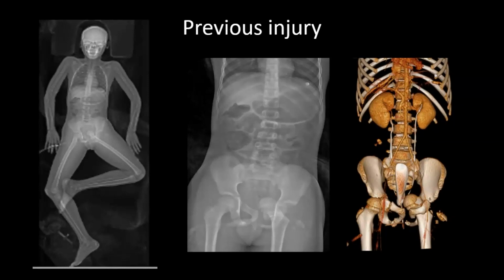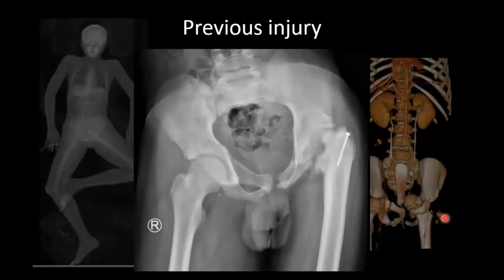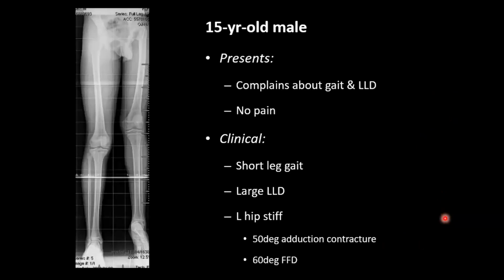If you look at that 3D recon view, you can see that that's an avulsion of his greater trochanter. So it required an open reduction and then fixation of the greater trochanter. But unfortunately, despite this, he developed AVN and complete collapse of his hip on the left, and presented with this deformity.